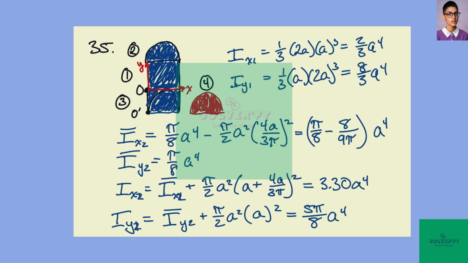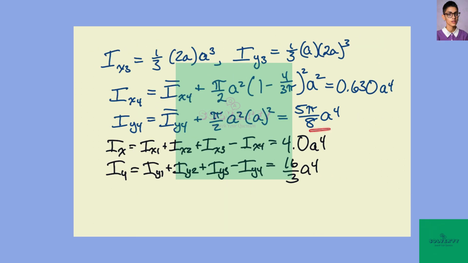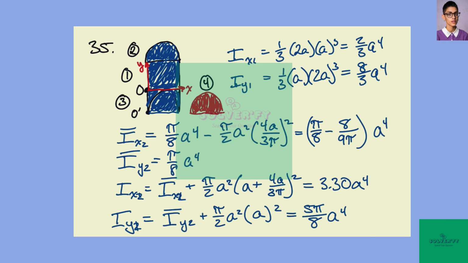We can see that about the y-axis, this one and this one are going to cancel out, because we've added and we've removed, and they're all just shifted along the y-axis.